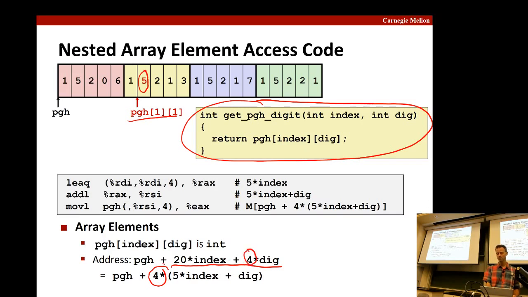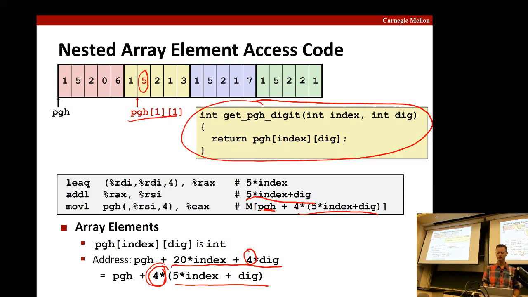And so you can calculate like this. And that's what's done here, right? It basically first calculates 5 times index plus dig, and then you multiply it by 4, and that becomes the address you add to PGH.